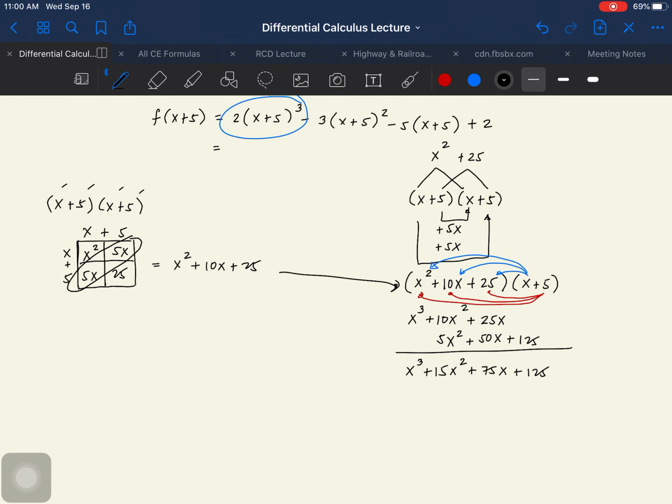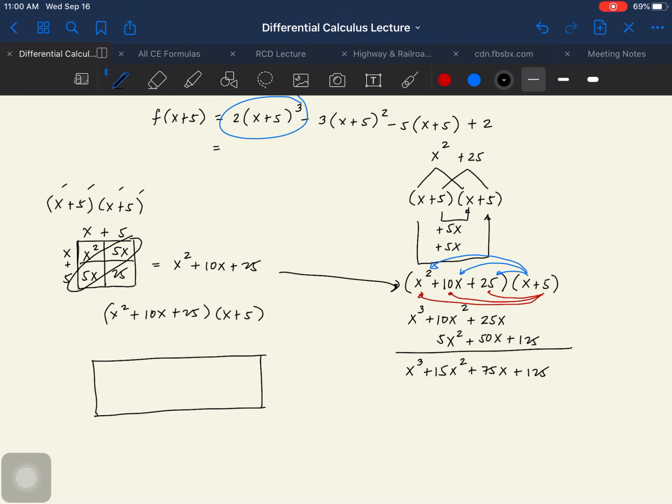Okay, now we're not done yet. We will still multiply x squared plus 10x plus 25 with x plus 5. So can we use box method for that? Yes, definitely. We can use the box method for that.